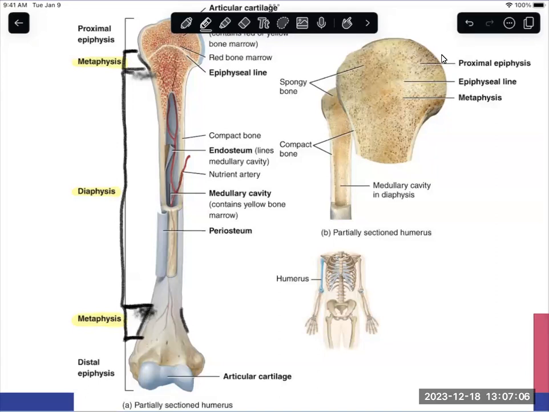That's where the metaphysis sits. Then we have an epiphysis. Again, we have a proximal, closer to your trunk, and a distal, further away from your trunk. That makes up the ends of our bones.